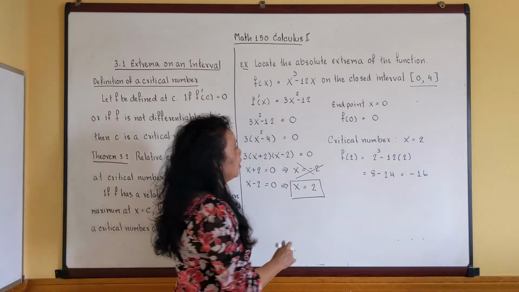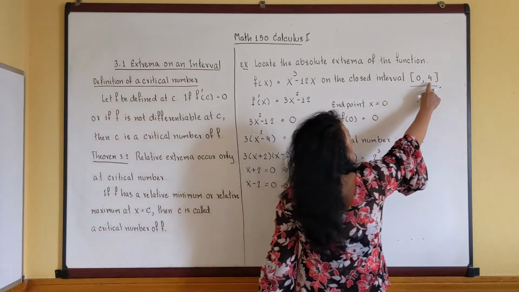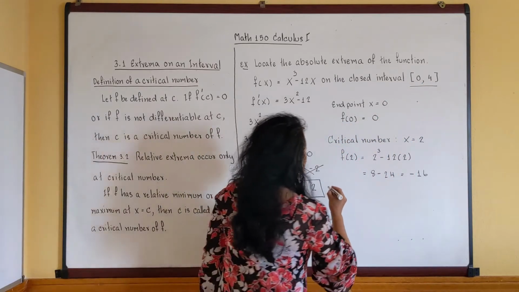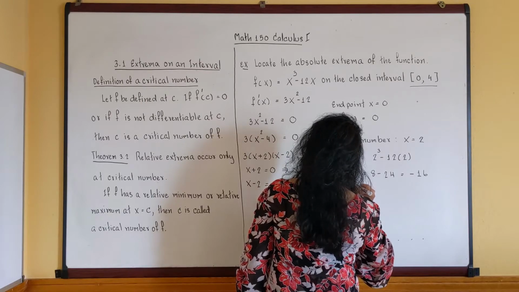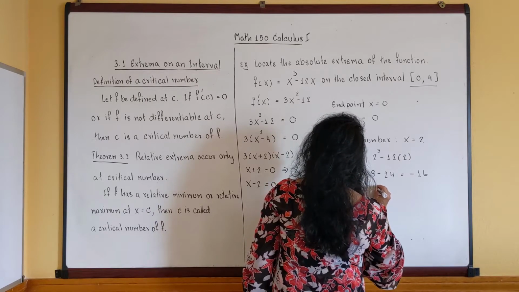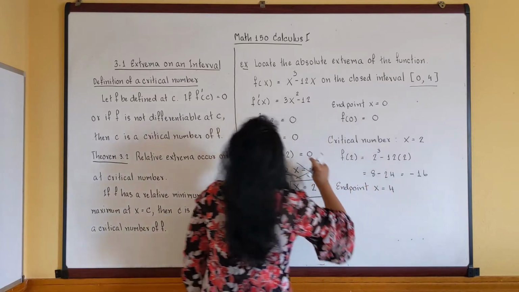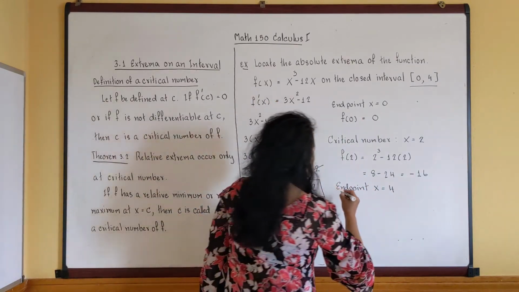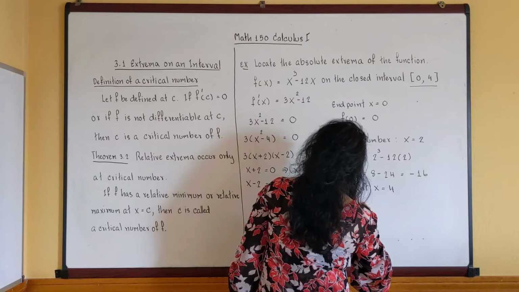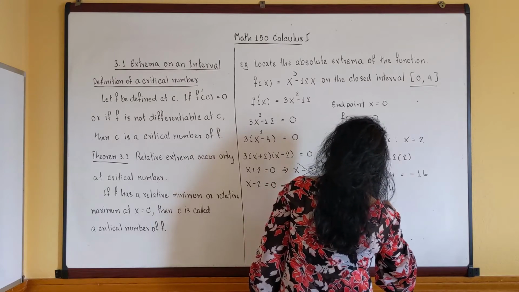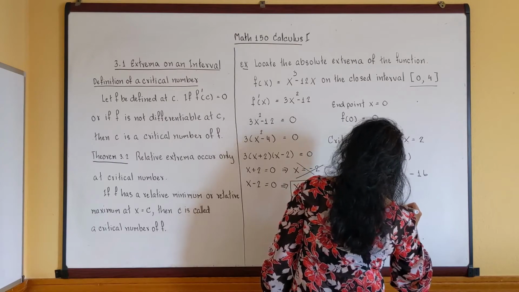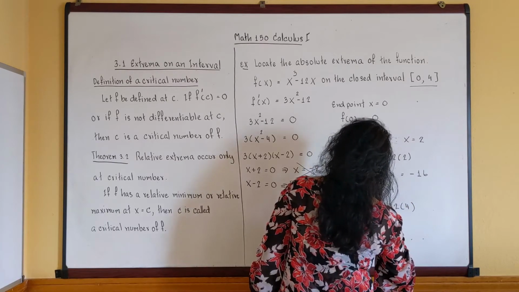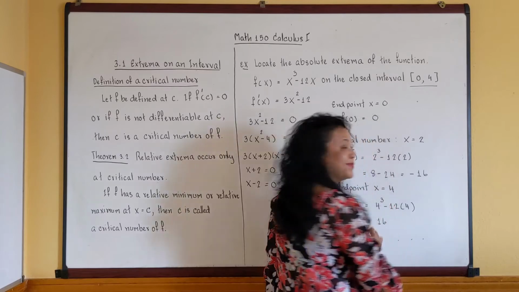Now I have to check my endpoint here as well, x equals 4. Substitute it in here. So f of 4 would be 4 cubed minus 12 times 4, which is 16.